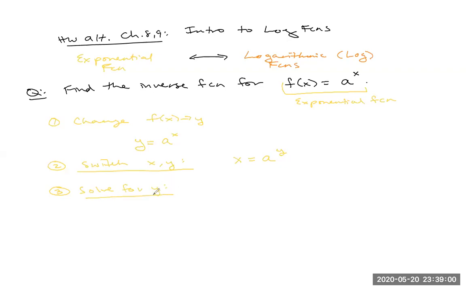Now this is going to be a little bit different for you because you probably haven't seen it done yet, but essentially when we want to take an exponent down, we're going to do what's called taking the log of both sides.